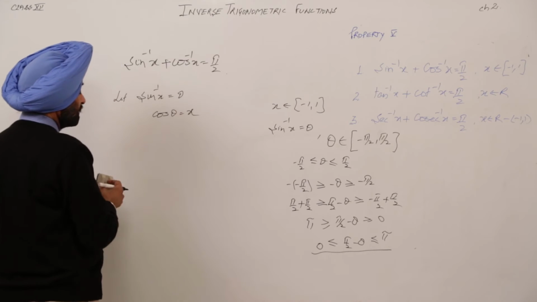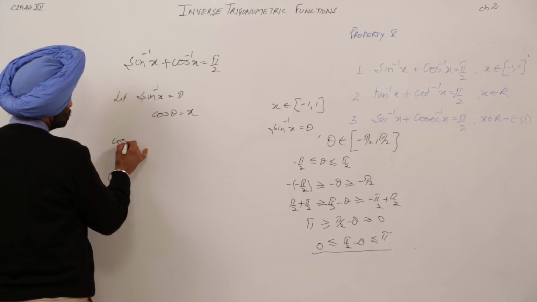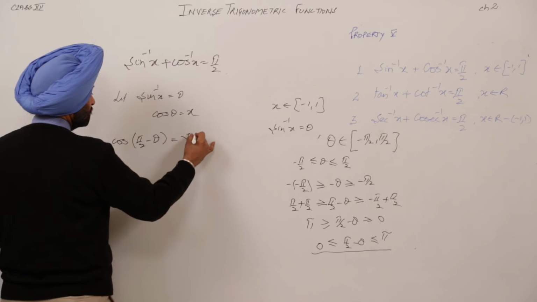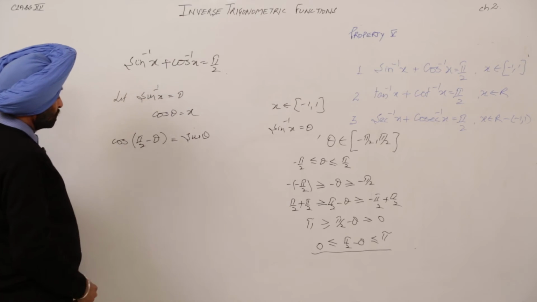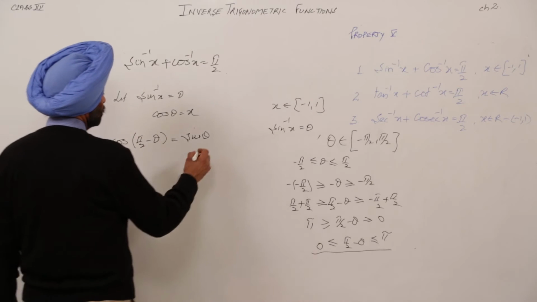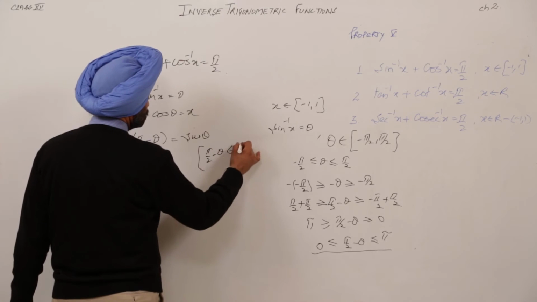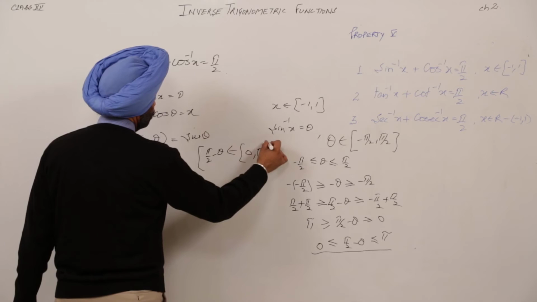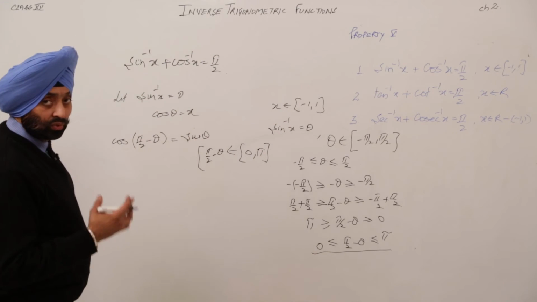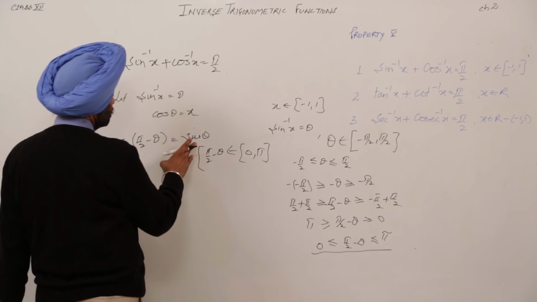Now can I write cos of pi by 2 minus theta is equal to sin theta? Cos 90 minus theta is sin theta. Here we can write that pi by 2 minus theta belongs to 0 comma pi, because this is what I want to show. Now cos of pi by 2 minus theta is sin theta.